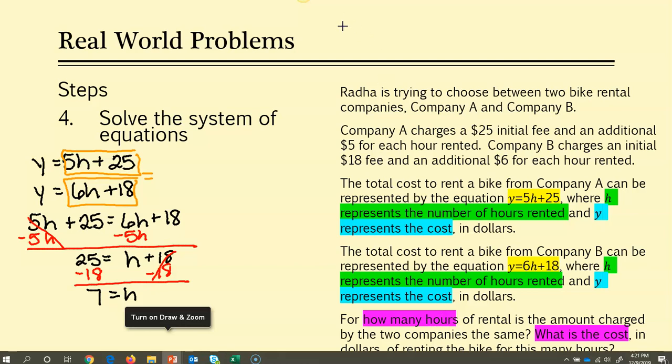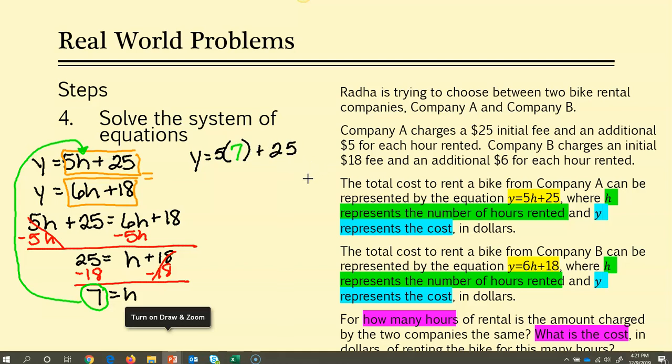Now, to find my cost, this is again just what we were doing before. I'm going to take this 7 and input it back into the original equation to figure out what that is. So I have y equals 5 times the 7 plus 25.